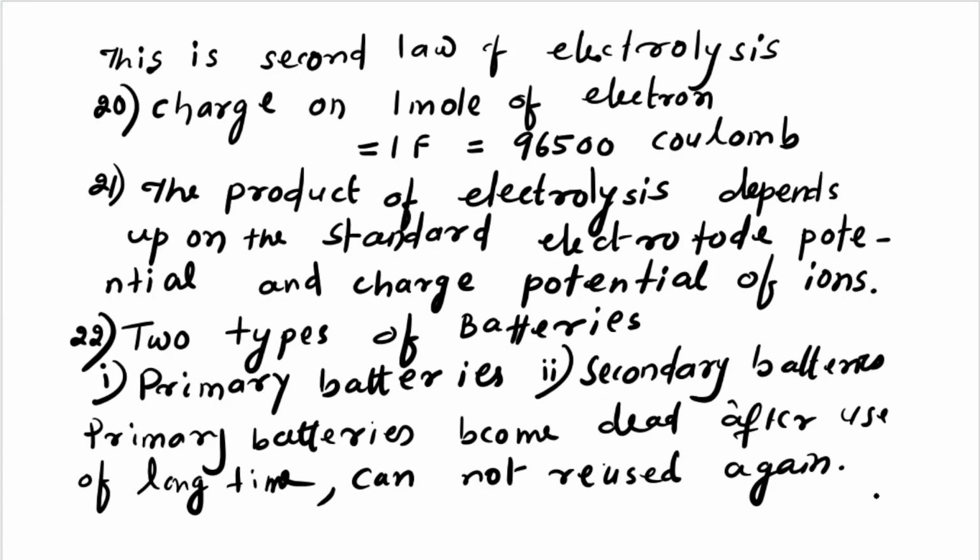Next point, two types of battery: one is primary battery, the other is secondary battery. A primary battery becomes dead after being used for a long time and cannot be reused, like an ordinary cell. So what is a secondary battery?